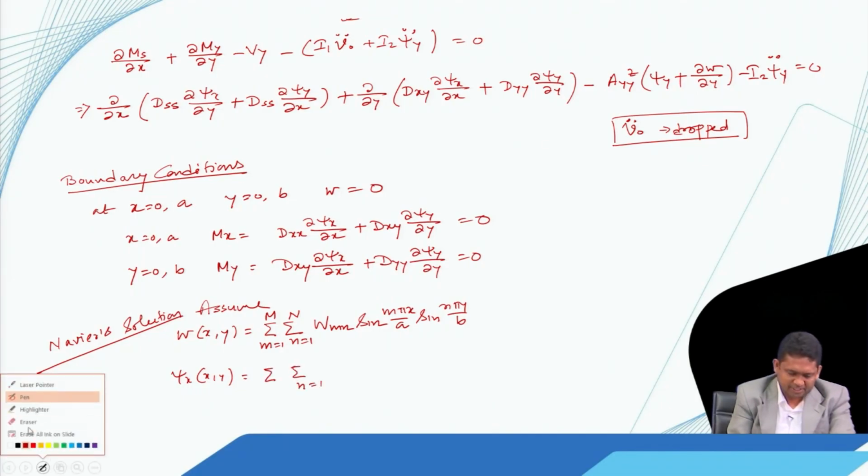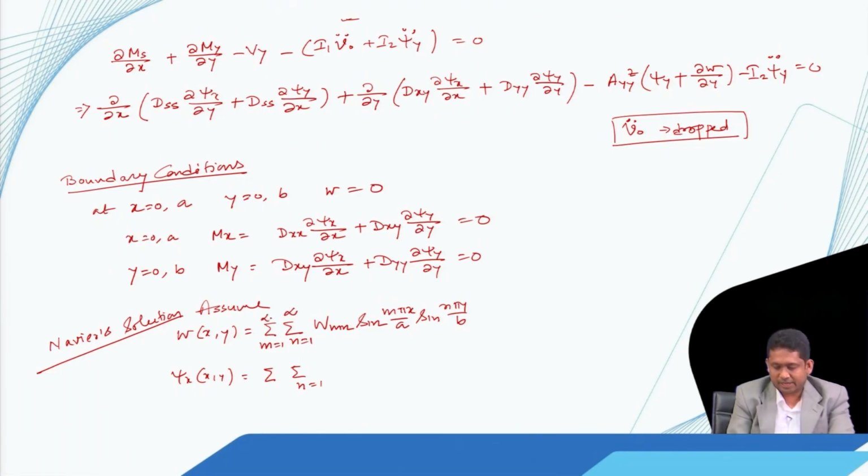Let us write it just up to infinity, but anyway when we do the solution we truncate it up to a term m and n.